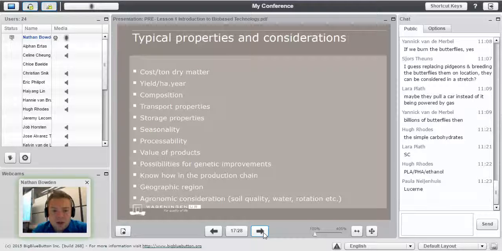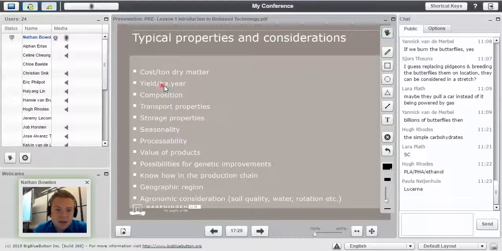So there's a larger list, and I just did a few. Cost per ton, yield per hectare, composition, transport properties, storage properties. Let's say as sugar beet people, sugar beets only come out a few months a year. What are you going to do with the leaves? How are you going to store it?